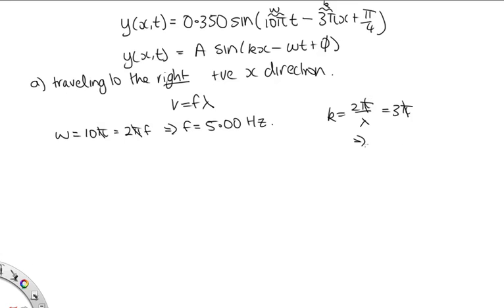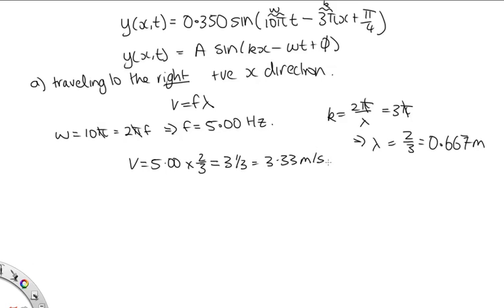So that tells us that lambda is equal to 2 over 3, which on the calculator is 0.667 meters, or you can leave it as 2/3 of a meter. Now to work out the velocity, v is equal to f lambda, so v is equal to 5.00 times 2/3. That is equal to 3 1/3, which is equal to 3.33 meters per second. So that's the answer to part A, to the right.